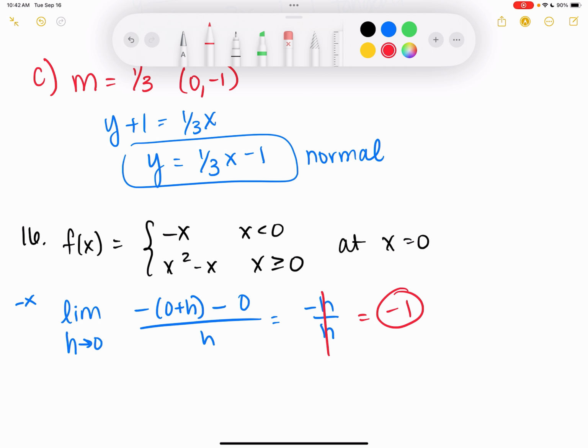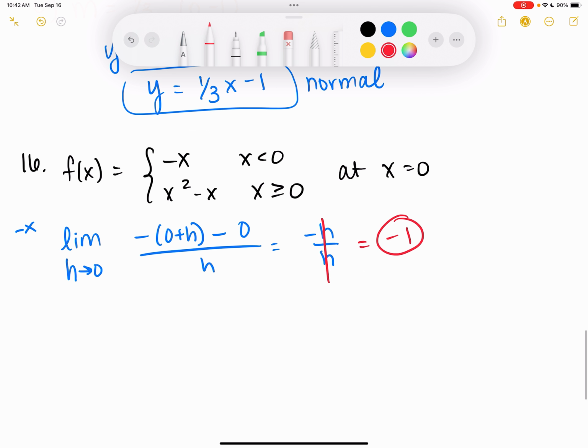But I've got to do the other one to see if there's actually a tangent at the point for the entire piecewise function. So then the limit as h approaches 0, this one's for x squared minus x. So I've got 0 plus h squared minus 0 plus h. Again, you don't have to write the zeros. Minus, well, that ends up just being a 0 when I put in 0, and then all over h.